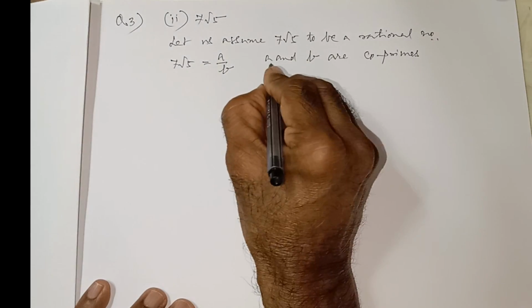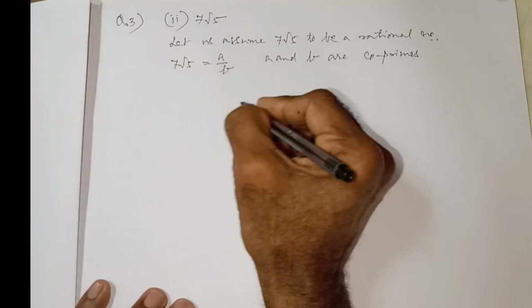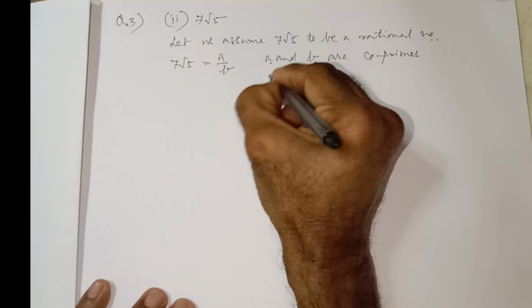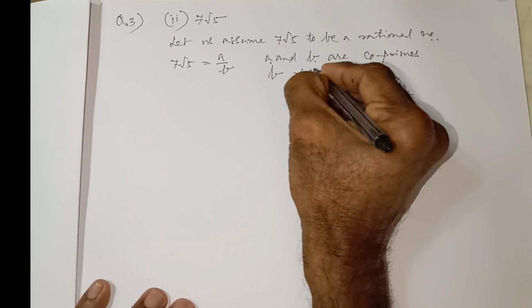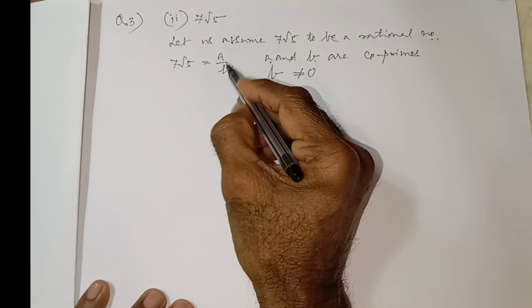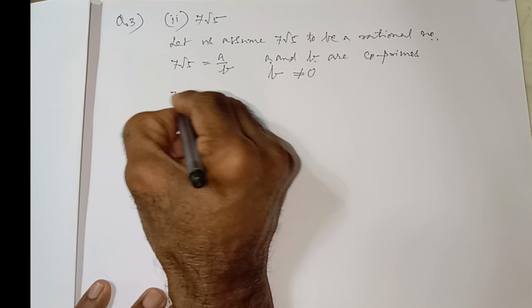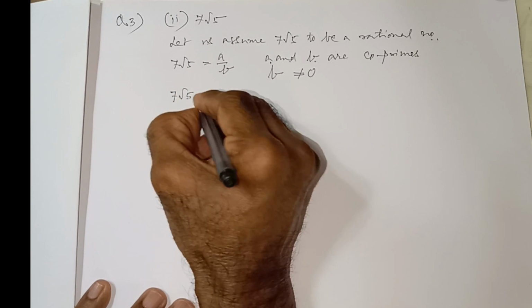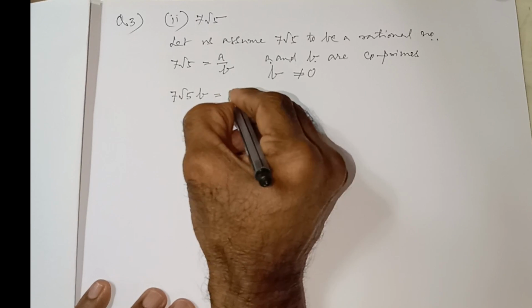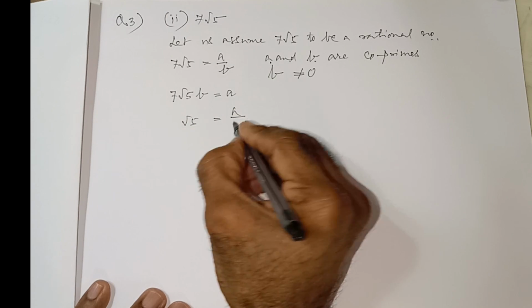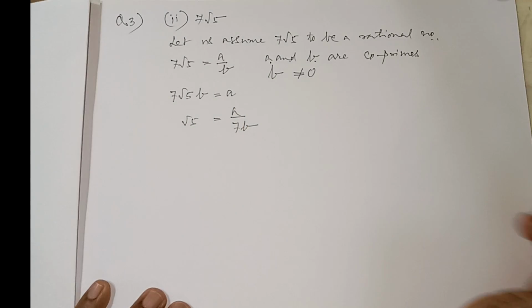Very important. This is the only point which will prove further that this number is irrational. A and b are co-prime. B should never be equal to 0. You know very well, if 0 divides a number, it is undefined. Now you cross multiply: 7 root 5 b equals a, or root 5 is equal to a by 7b, whichever way.